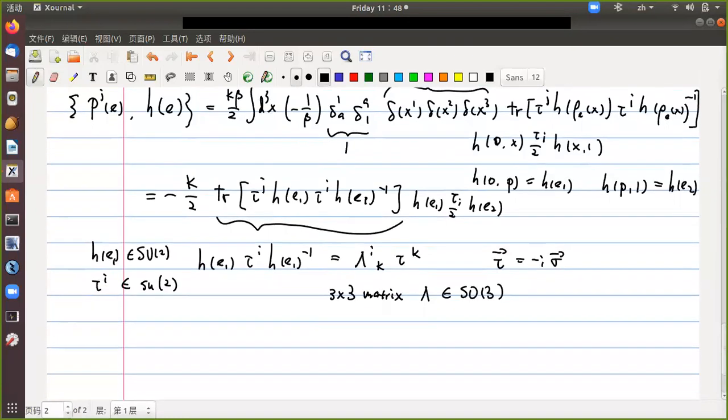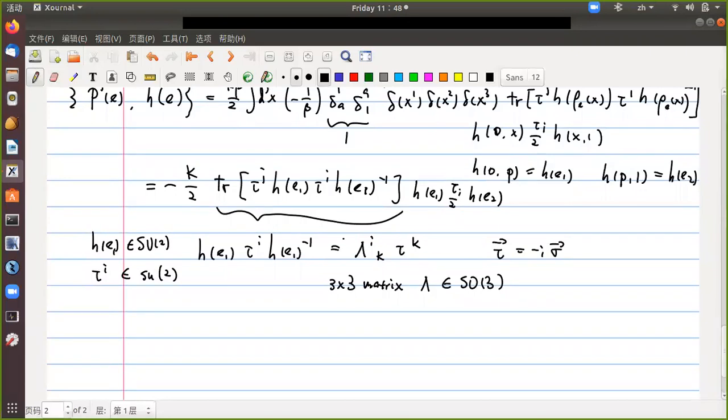All right, so let's use this formula to simplify our result. What you get is minus kappa divided by 4.